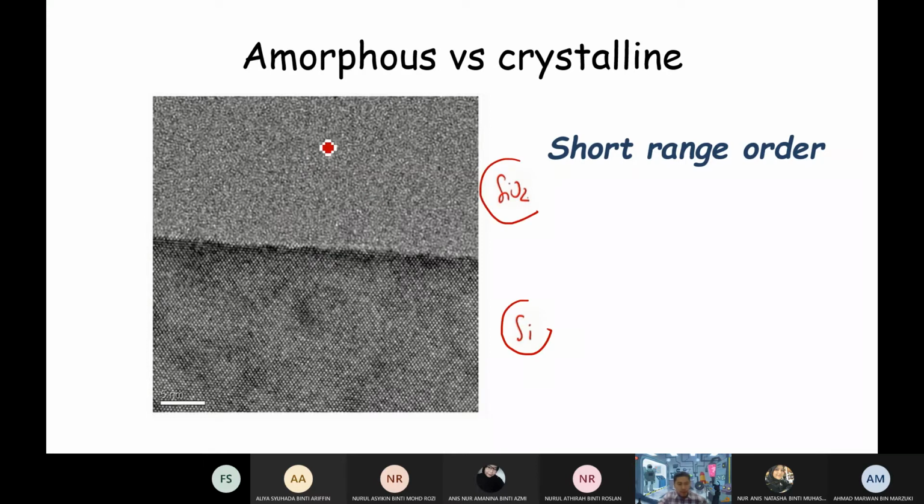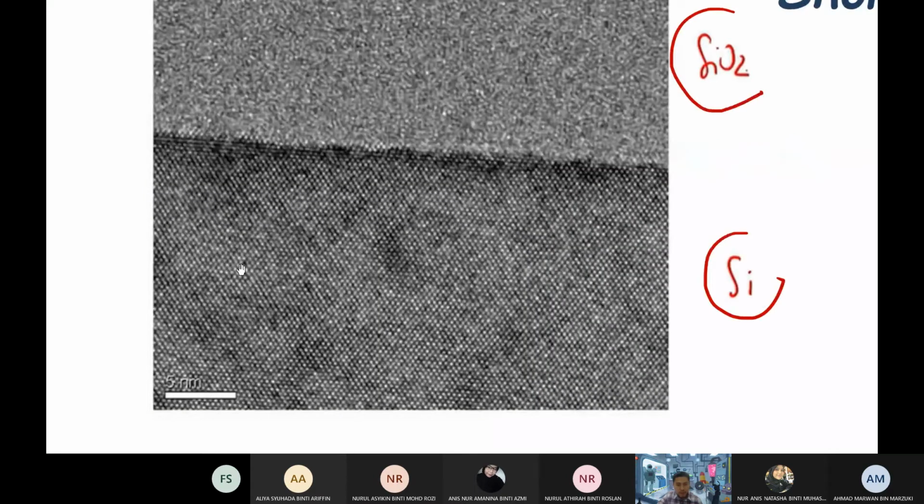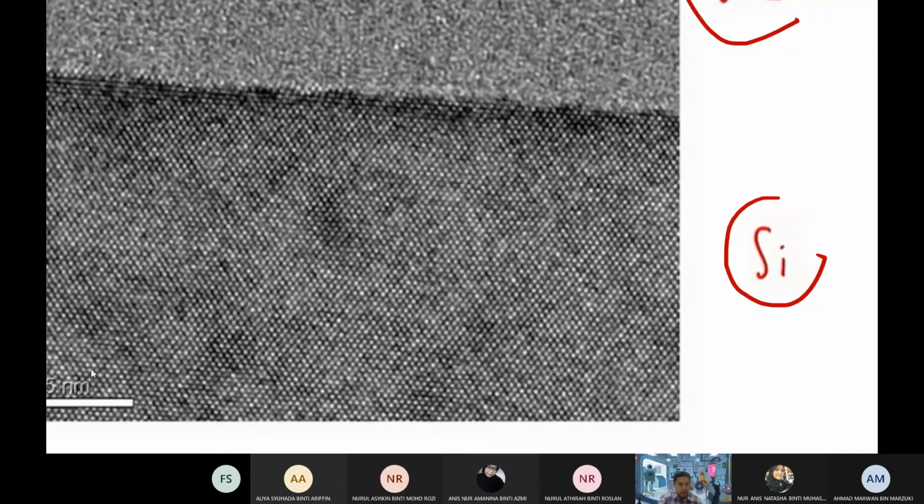Dekat atas ni silicon oxide, and below here we have silicon. In the case of silicon, we can see that the atom positions are periodically arranged.